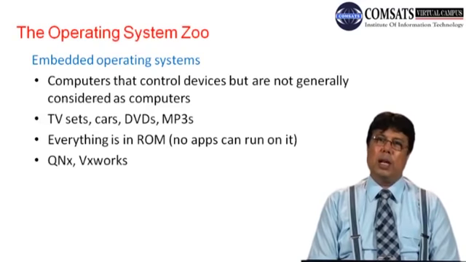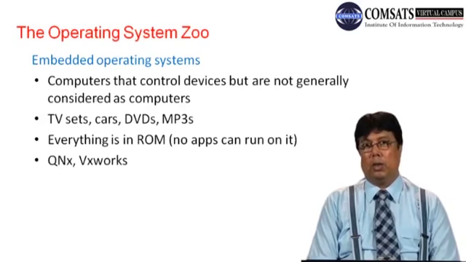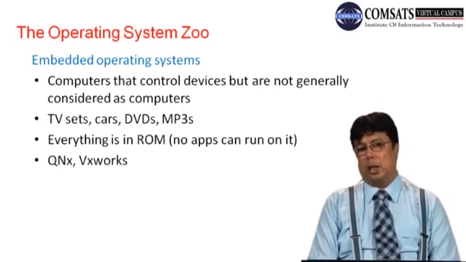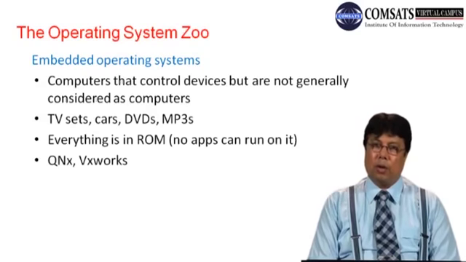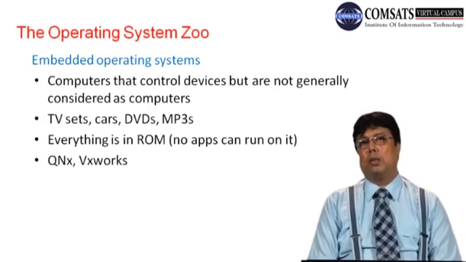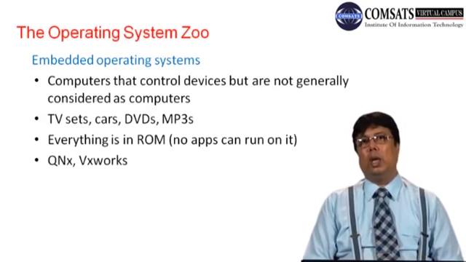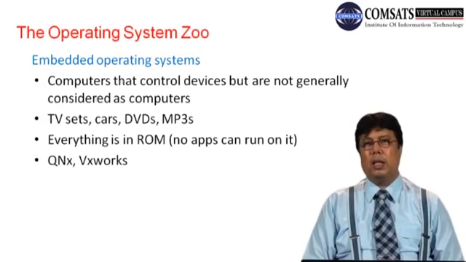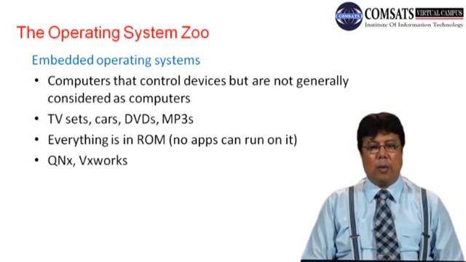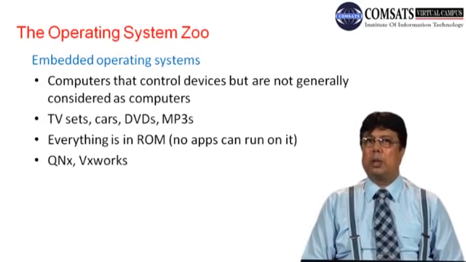For example, your TV sets, your car, you have got a computer console in your modern cars where the computer controls a lot of functionality of your car. You have an MP3 player, you might have seen कि उसमें screen भी होती है और आप उसमें use कर सकते हैं like computer. But the difference is that these are provided for special purposes.